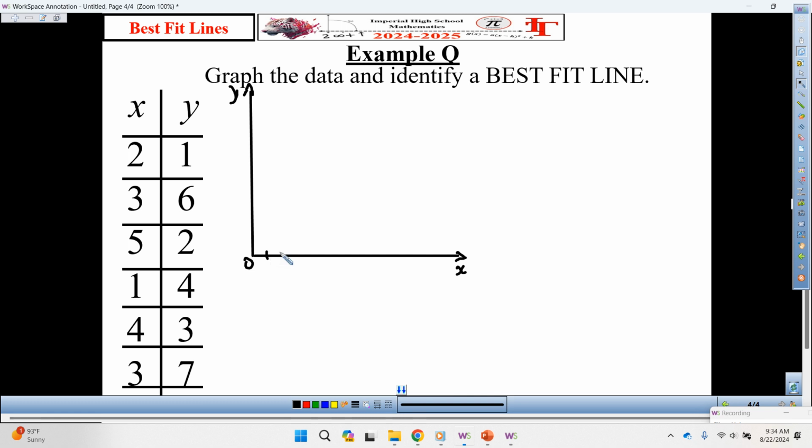Then we do 1, 2, 3, 4, 5, 6, 7, 8, 9, 10. Same thing for the Y: 1, 2, 3, 4, 5, 6, 7, 8, 9, 10.